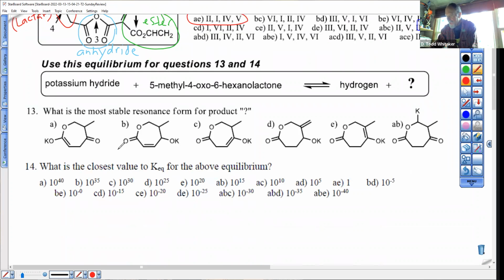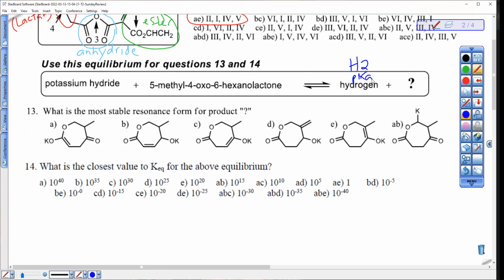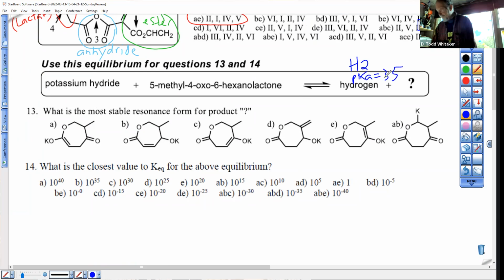Next one's a pKa, next 2. You'll have 2 that are linked like this. And we might as well write hydrogen down because you're going to need its pKa. Don't write down the pKa of 5-methyl-4-oxo-6-hexanolactone until you write the structure down.